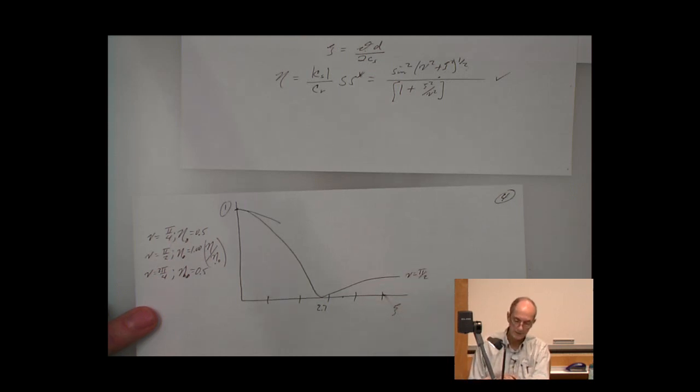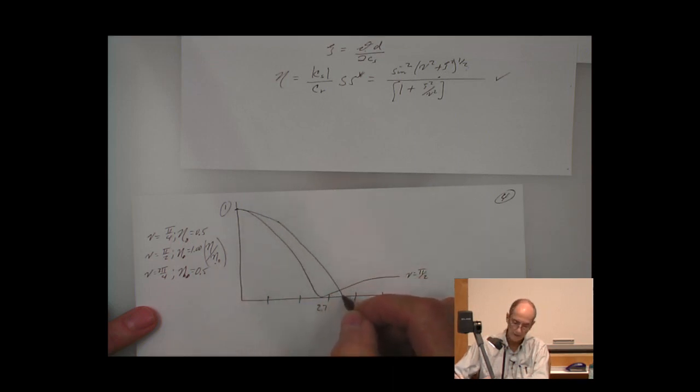And if we have nu equals pi over 4, then that one's going to come down in a little bit broader characteristic here, and then it starts up again more slowly. So here is nu equals pi over 4.